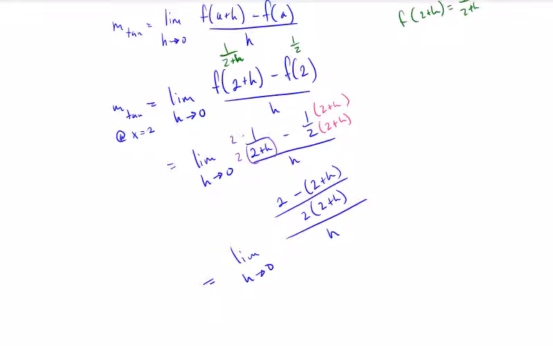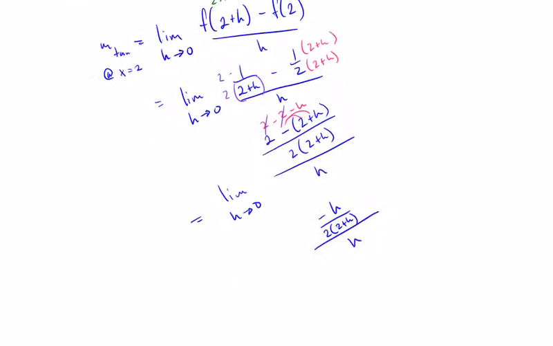Okay, and so now we can combine these, right? I can distribute this negative, and so it'll turn into 2 minus 2 minus h, and so the 2's will cancel out, and we'll end up with negative h on top, all over 2 times 2 plus h, all over h, right?